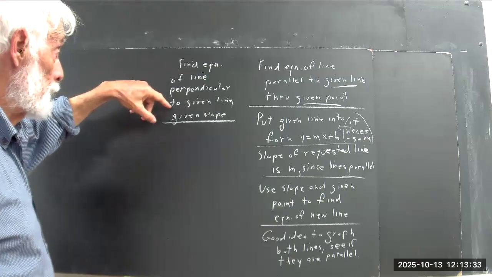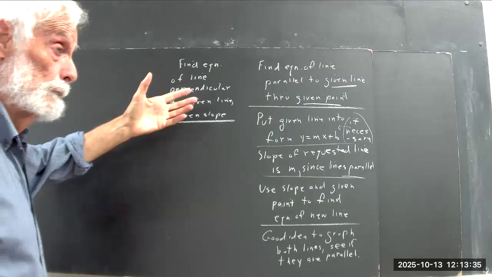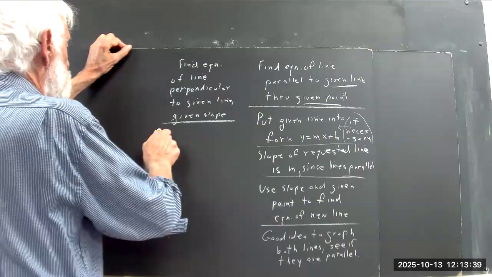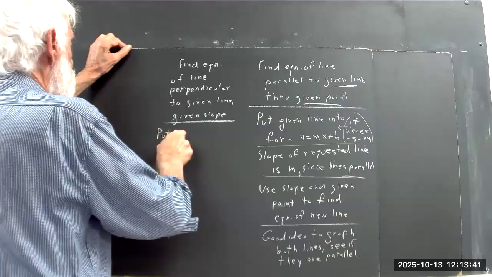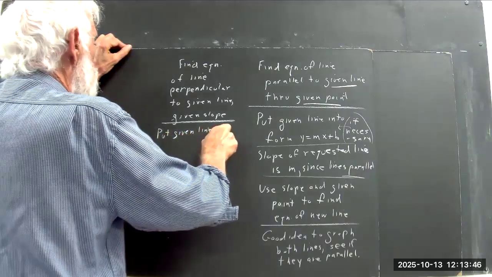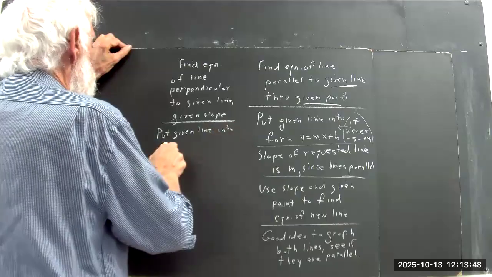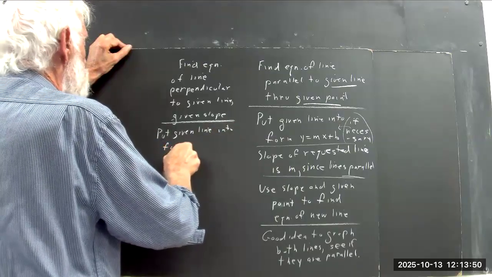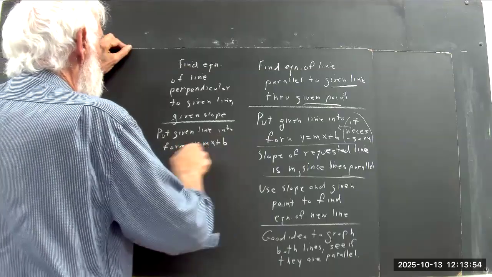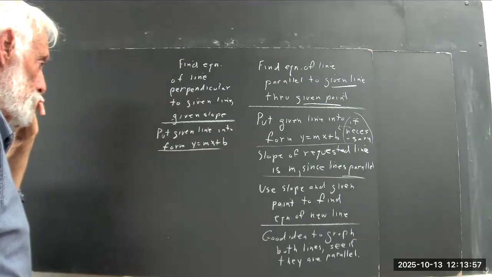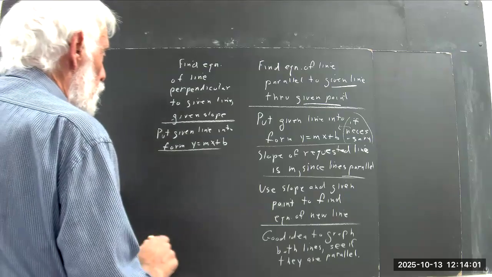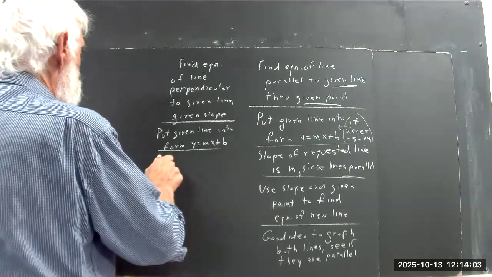Find the equation of a line perpendicular to a given line, given a point. Put the given line into the form y equals mx plus b.